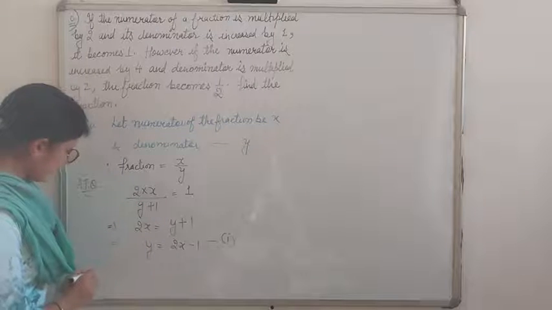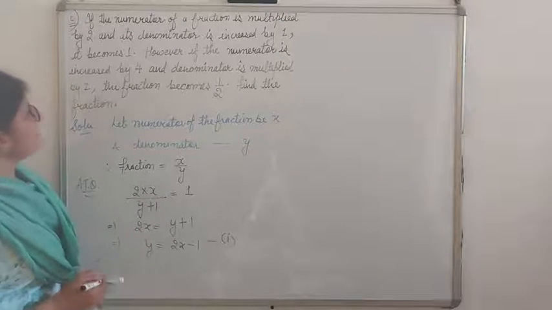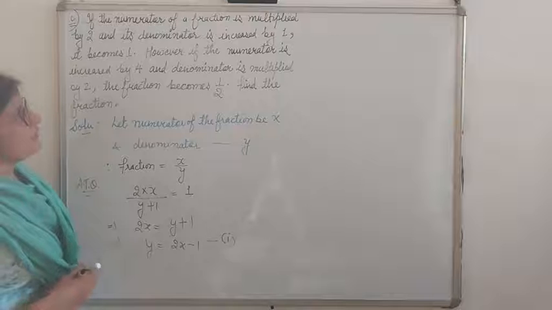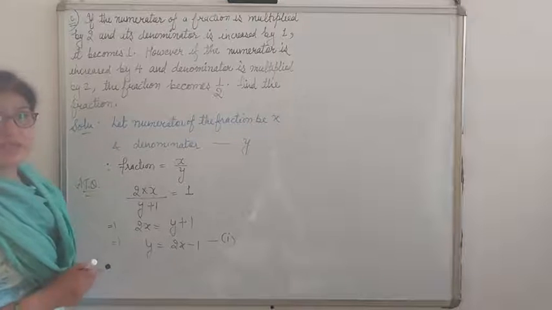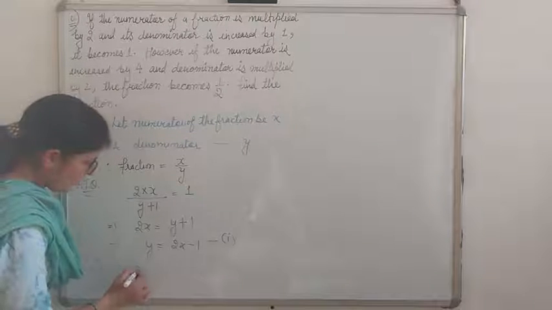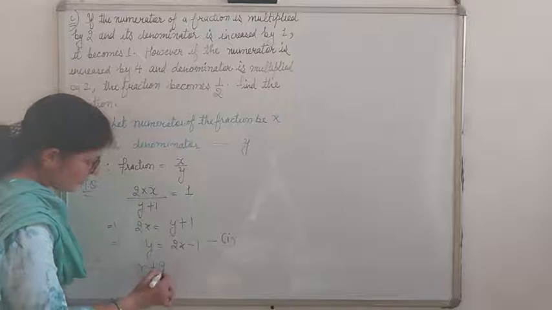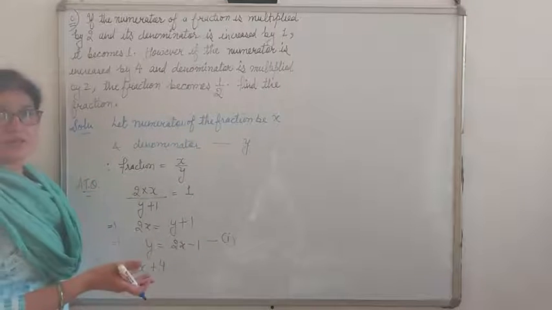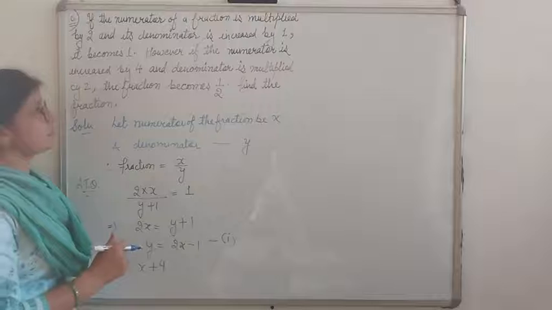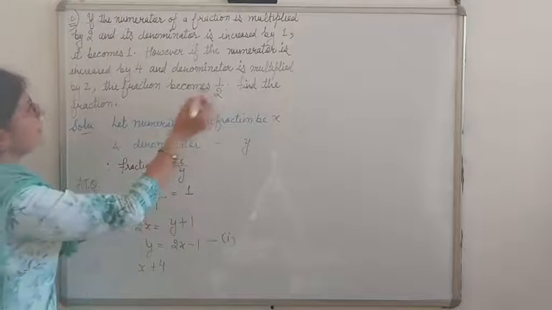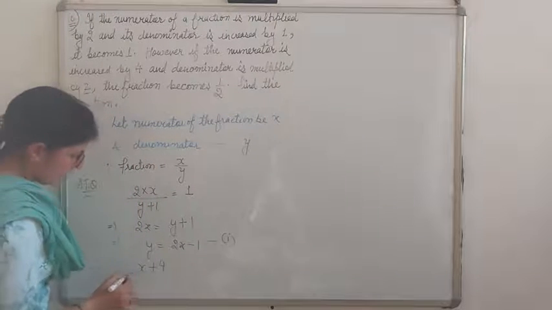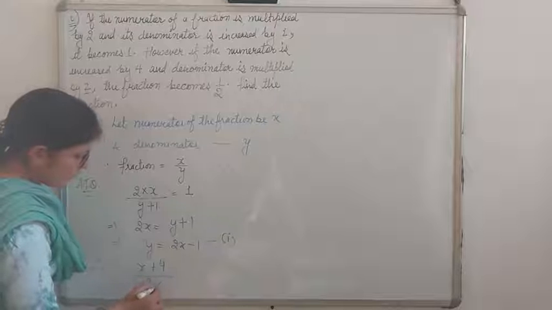Now what is the second condition? They said if, however, the numerator is increased by 4. Increase means plus, decrease means minus, and denominator is multiplied by 2. That means 2 into y.